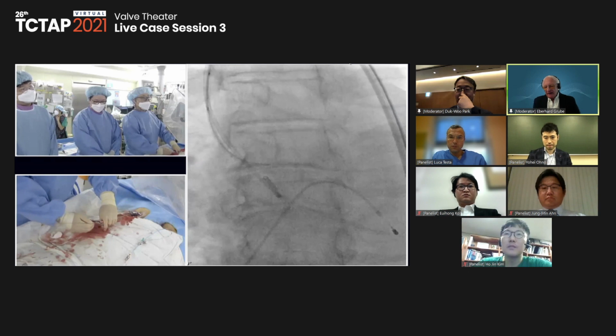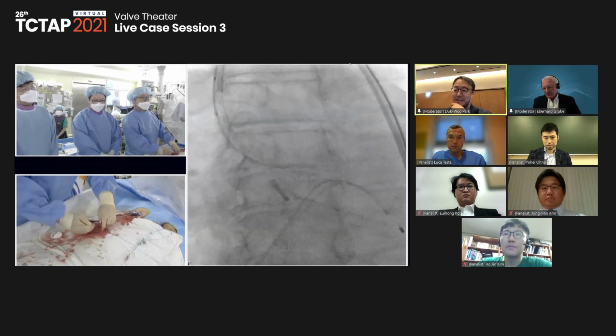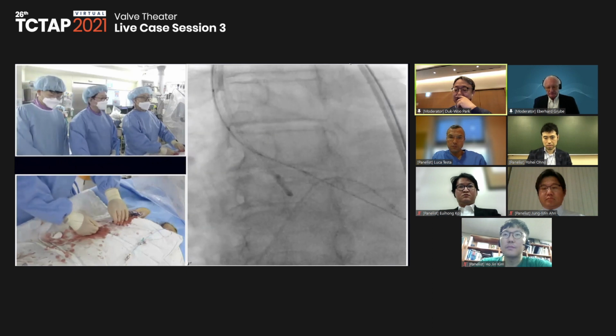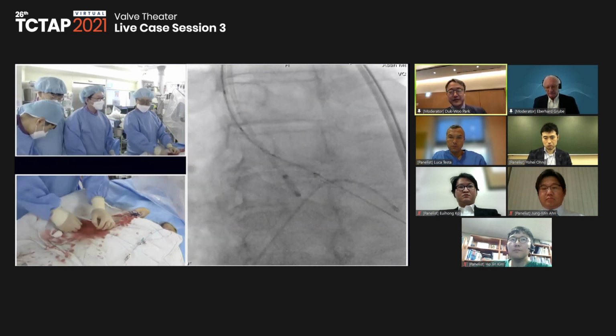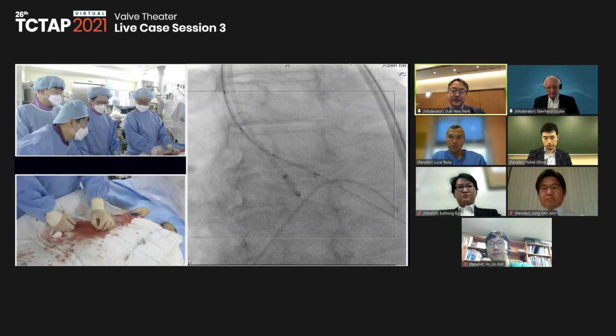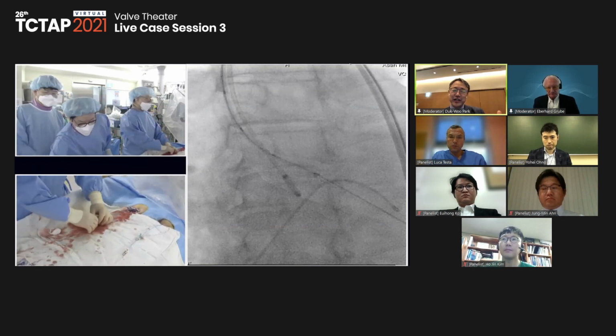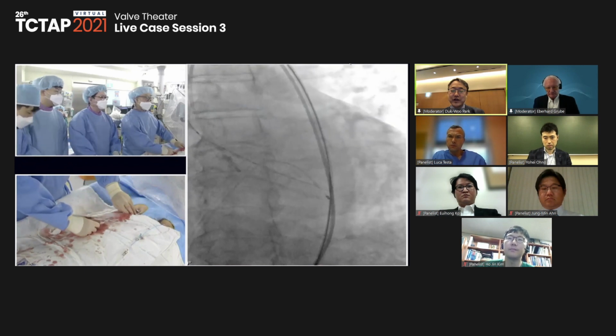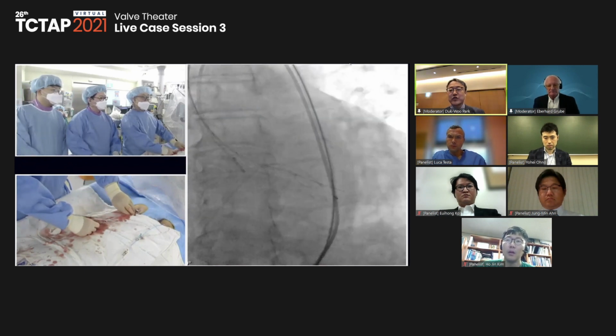What kind of wire are you using to cross? This is a ring torque wire. Yeah, the tip is much stiffer wire. Sometimes we change the AL1, AL2, the RCA, and the ring torque is a much stronger wire.